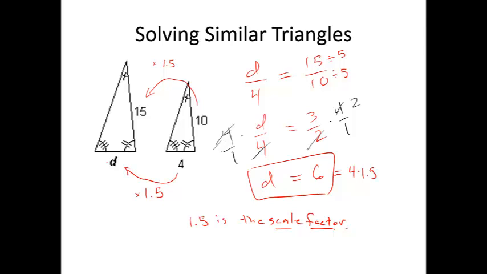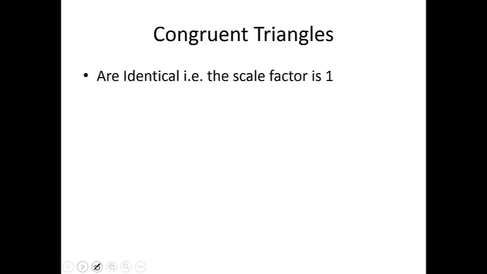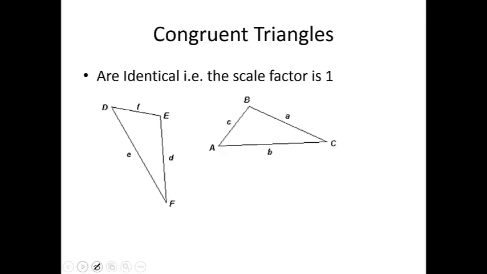Now, a special case of similar triangles is when this scale factor is really just 1, i.e. the triangles are the same. Here's one triangle, a congruent triangle, just exactly the same, but maybe in a different orientation. The word congruent just really means the same. And basically what congruence means is that the angles inside are the same.